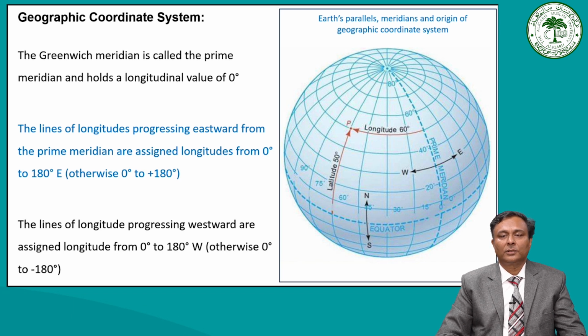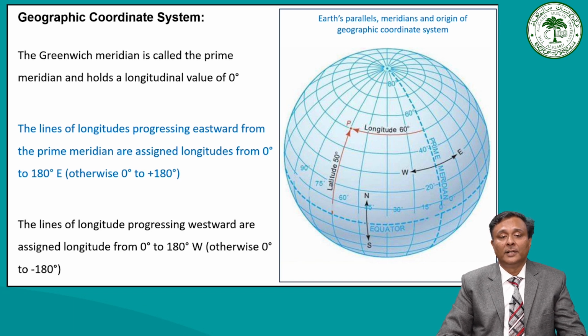with a total of 360 vertical lines which are converging on the poles over the globe. The Greenwich meridian is called the prime meridian and holds a longitudinal value of 0 degree. The lines of longitude progressing eastward from the prime meridian, I mean to say from Europe, from London, eastward towards Asia, are assigned longitudes from 0 degree to 180 degrees.